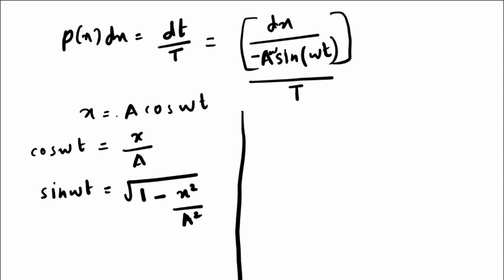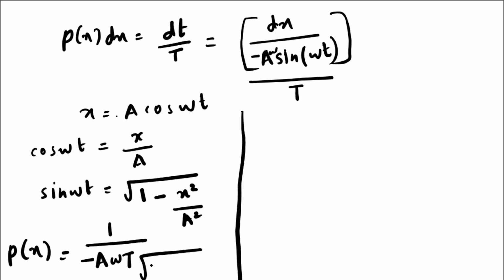Now we can substitute this for sin omega t here. So what we get is the probability P of x is equal to 1 by minus A omega T into the square root of 1 minus x square by A square. So that's it.